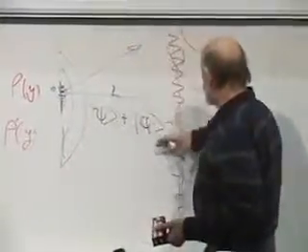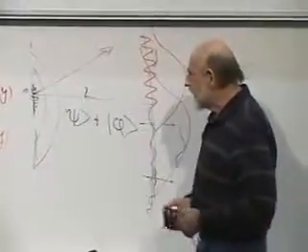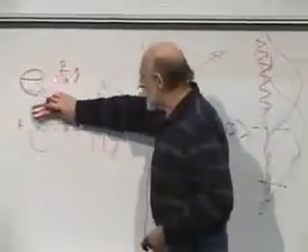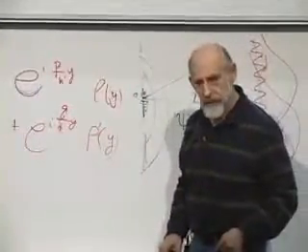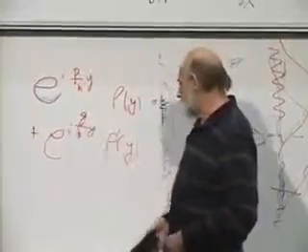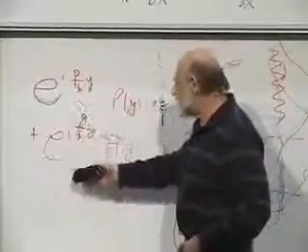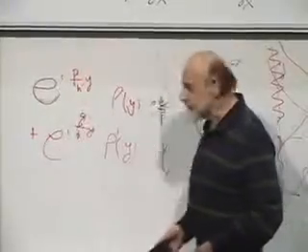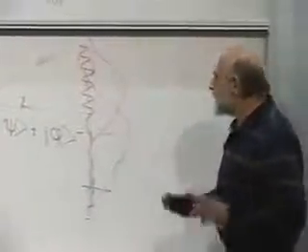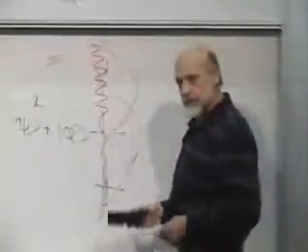Okay? Slightly displaced because you lowered the hole. Either one of these, if you were to square them, you would not see the oscillation. But when you add them together and square it, then you see the beats between these two things. So one by itself, you see no interference pattern.